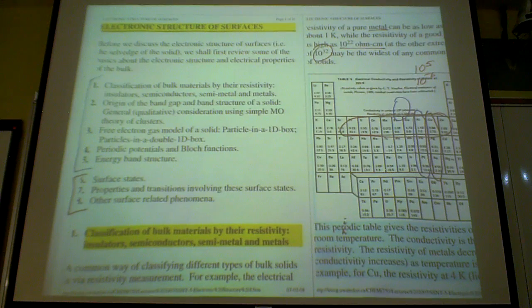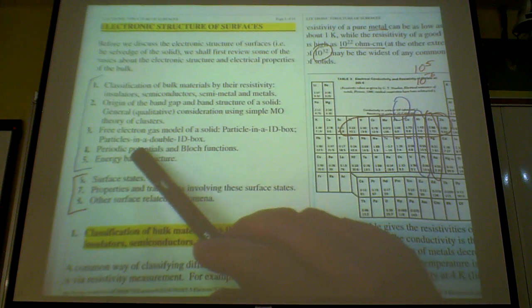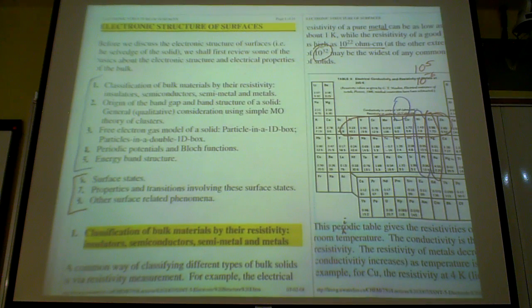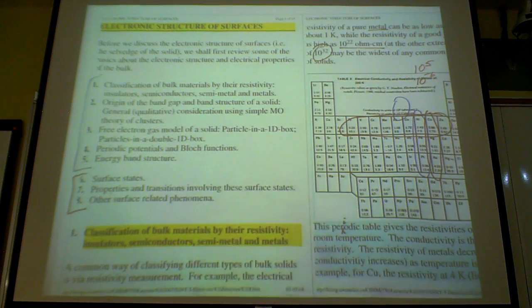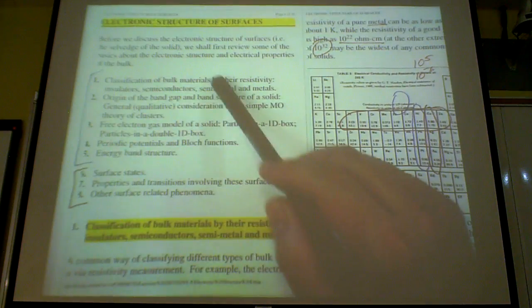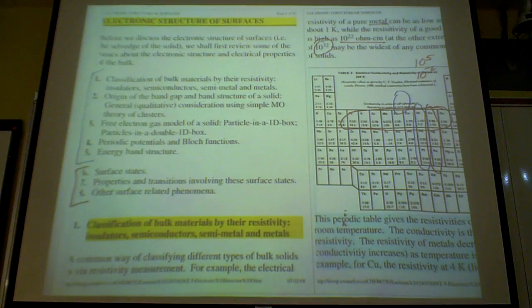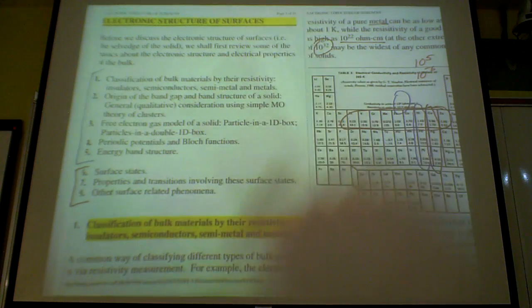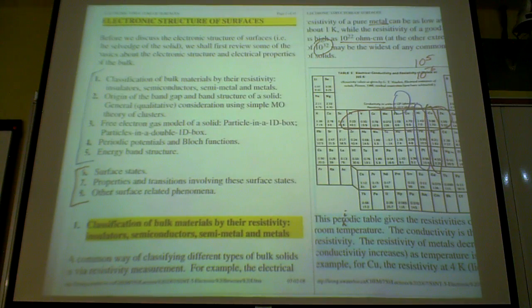How do you describe translation symmetry with these atoms? This is known as periodic potential, and the wave function associated with this periodic potential is known as the Bloch functions. And finally, from all these, we can generate the concept of band gap and band structure, the energy band structure, which is fundamental to bulk material.